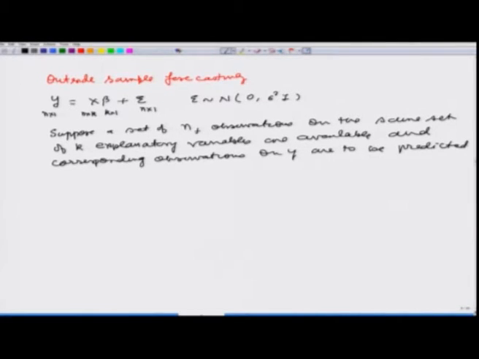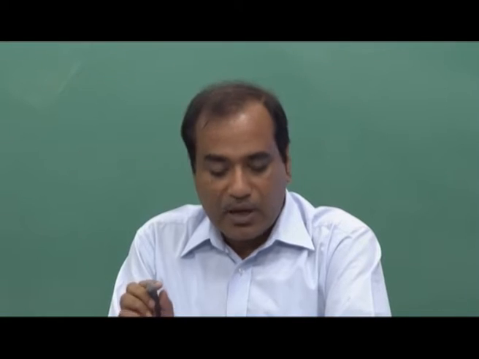So, we have two sets of observations. The first set consists of n observations on x and y, and there is another set of NF observations in which only the values of x's are known, but the values of y's are unknown.